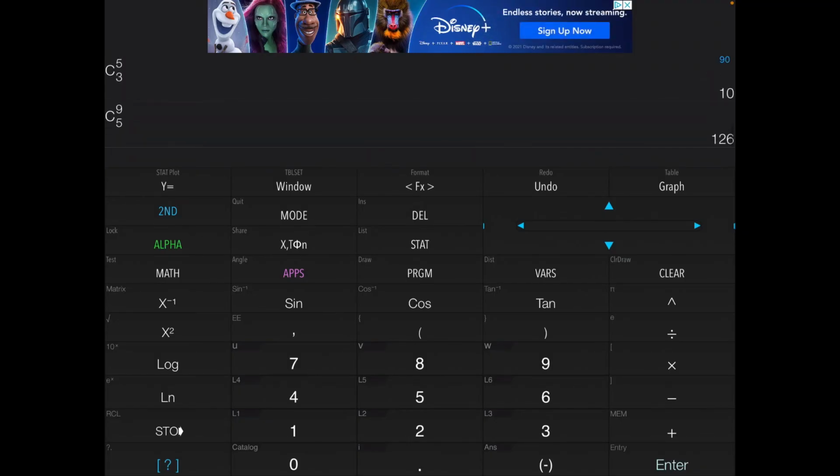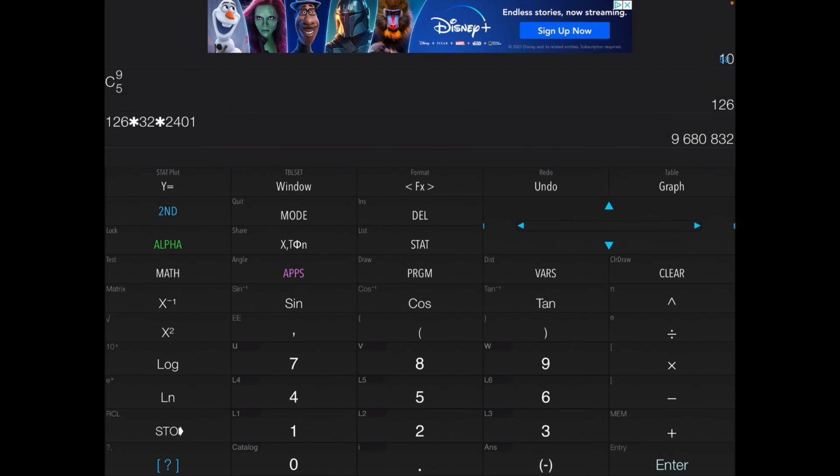I already have 126 in there. So I would do 126 times 32. Not divide. Oops, hold on. Times. There we go. 2,401. Equal. That is a huge, huge, huge number. But that is what I get for my coefficient.